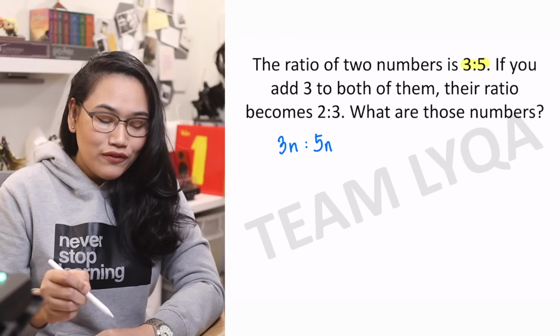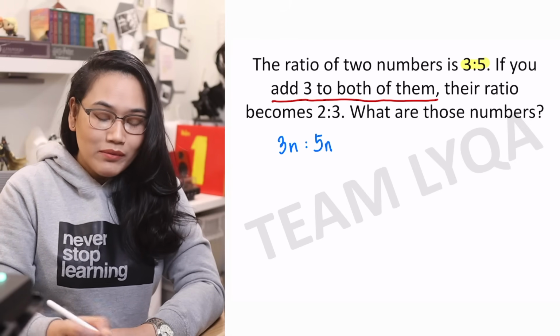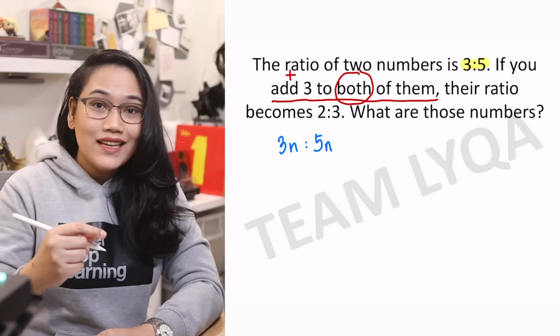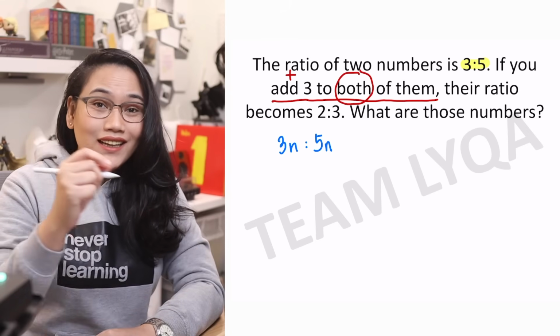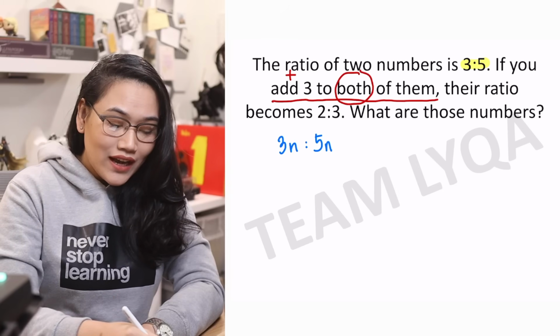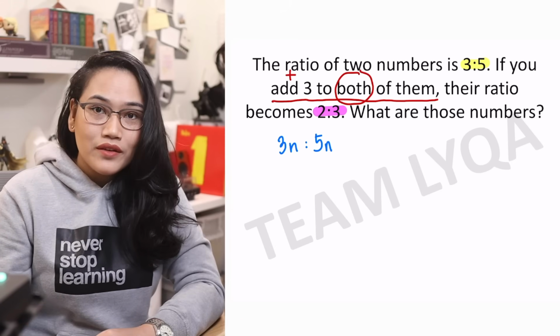Now, ang sabi dito, if you add 3 to both of them. This is very important kasi magdadagdag daw ikaw ng 3 sa both. Ibig sabihin, magdadagdag ka ng 3 dun sa 3n, magdadagdag ka ng 3 dun sa 5n. Ang magiging bagong ratio nila is 2:3.